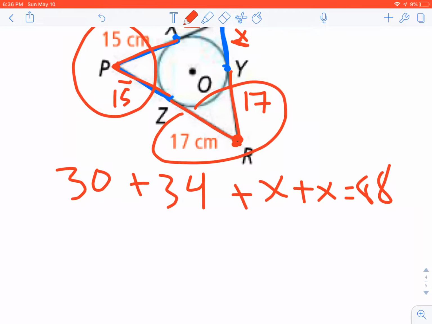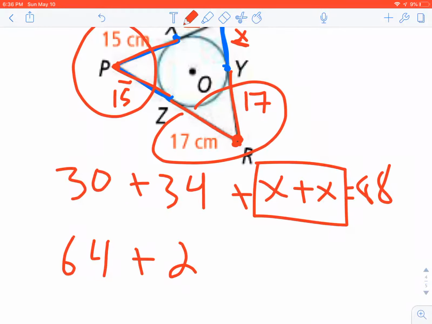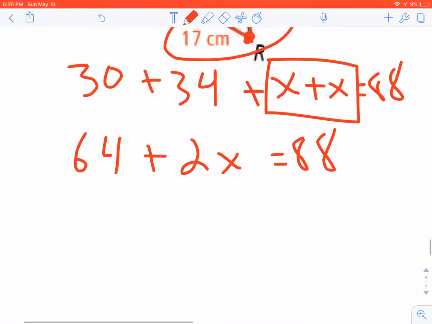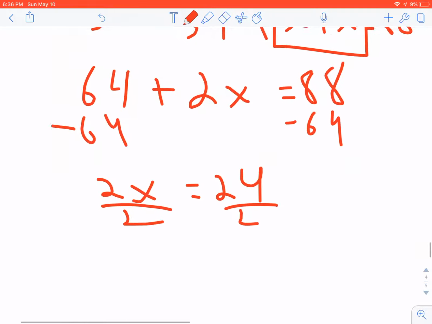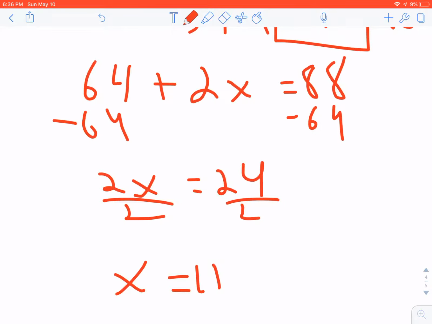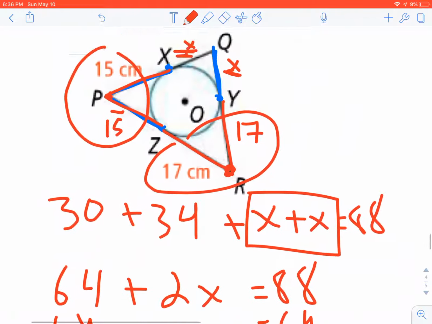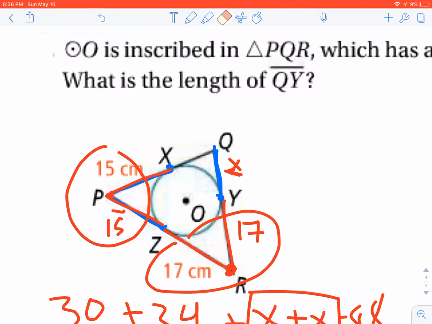Okay, well, 34 and 30 add up to give me 64, plus X plus X is 2X, equals 88. So now I subtract my 64 from both sides. 2X is equal to 24. Divide by 2. X is 12. So each one of these lengths up here are both 12.